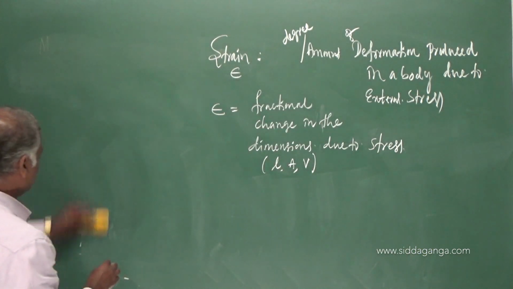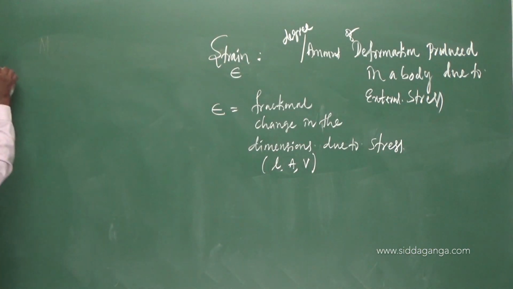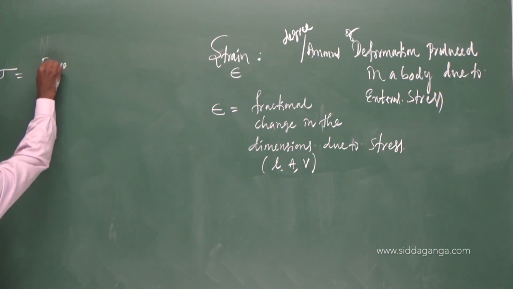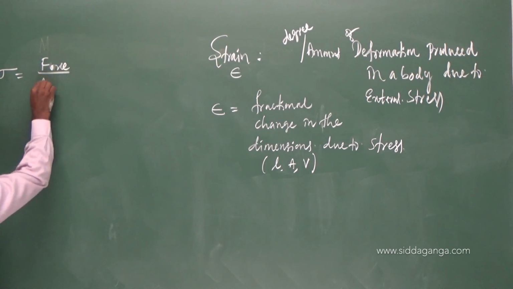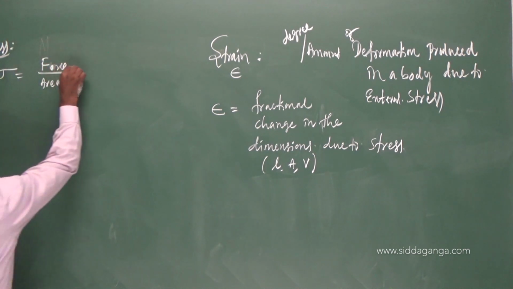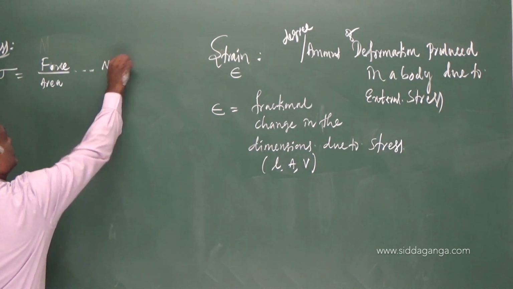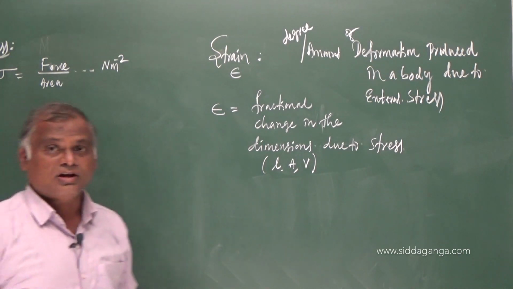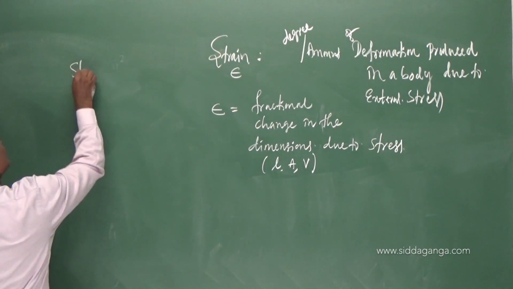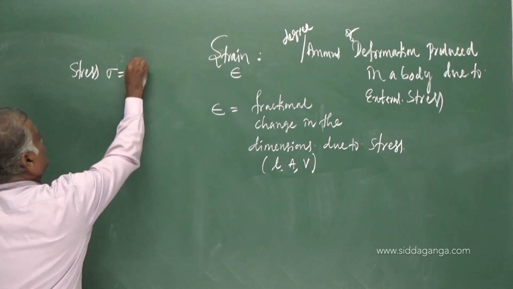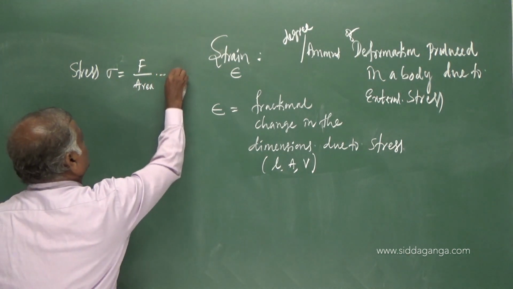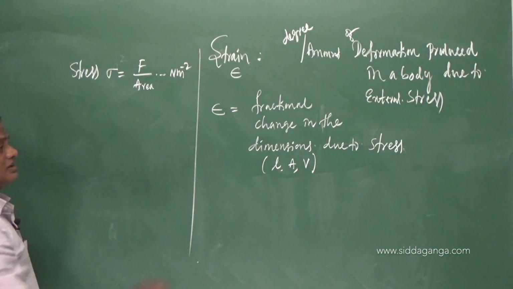I write once again, stress means applied force divided by surface area, which is expressed in terms of Newton per meter square. While doing problems, we can write stress as force by area, expressed in terms of Newton per meter square.